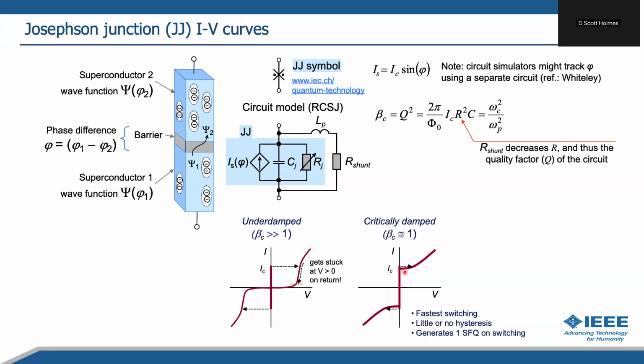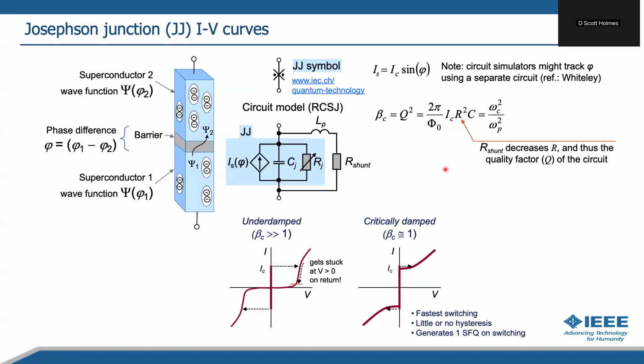We apply current to this, there's no voltage, it goes up, and then when it switches, it goes over and creates a voltage, but then when it comes back, there's little or no hysteresis, and it goes back to zero voltage.